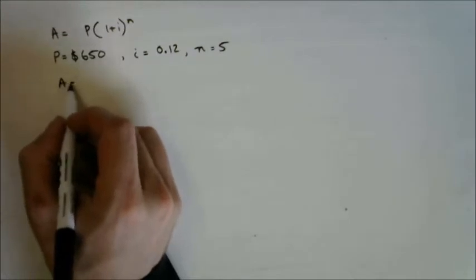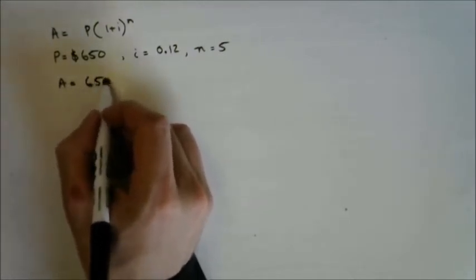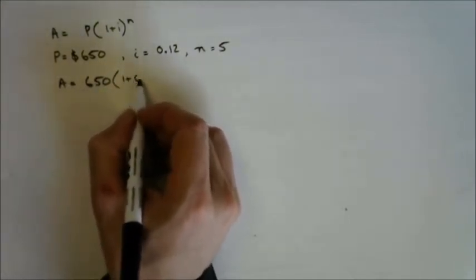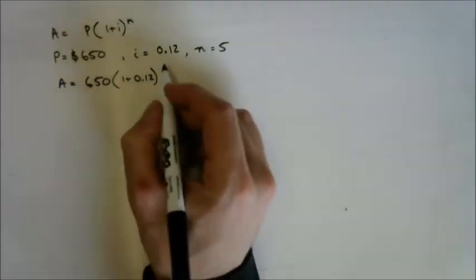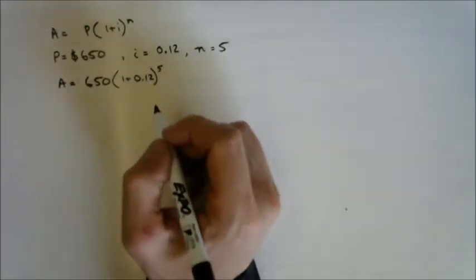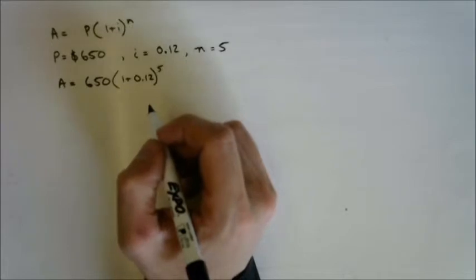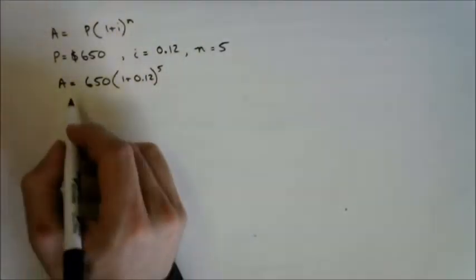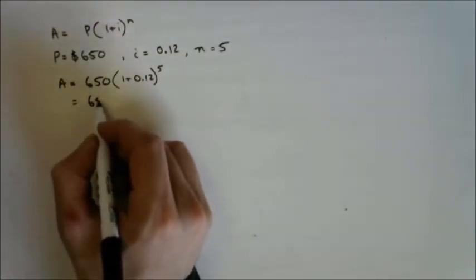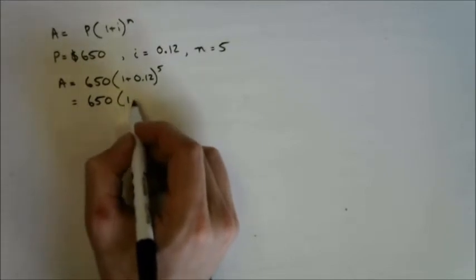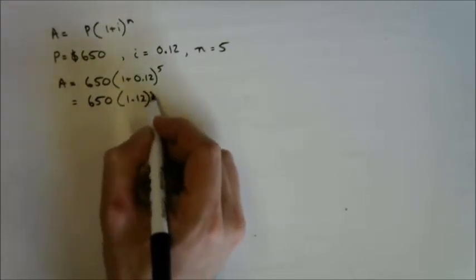And we know the number of compound periods? Alright, sub in what we know. 650, 1 plus 0.12 to the power of n, which is 5. In my notes, I would just reduce this bracket to 1.12.